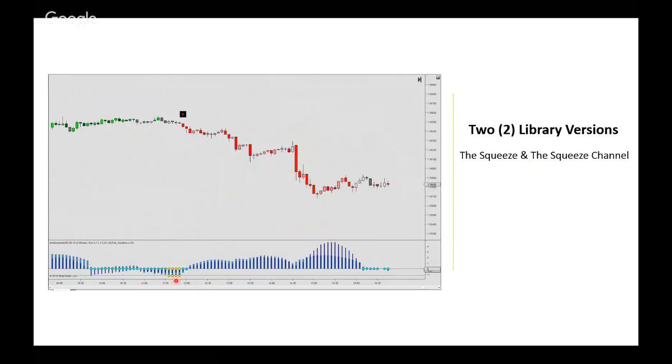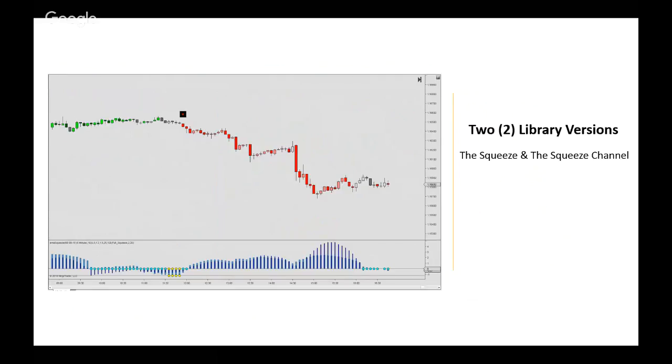And when we see these yellow dots, that means that we have a combination of the Keltner and the Bollinger Squeeze at the same time. And if you just have a Keltner Squeeze, then you will have magenta dots.